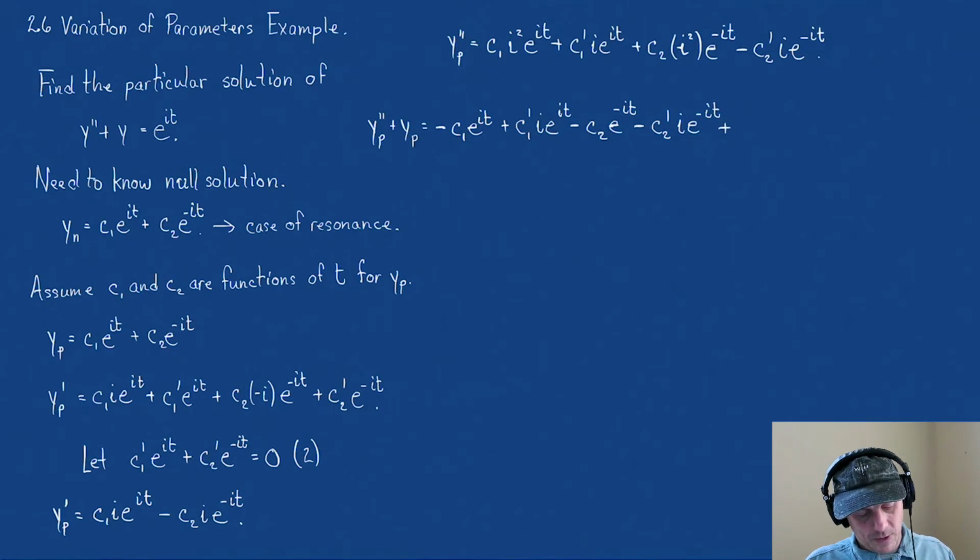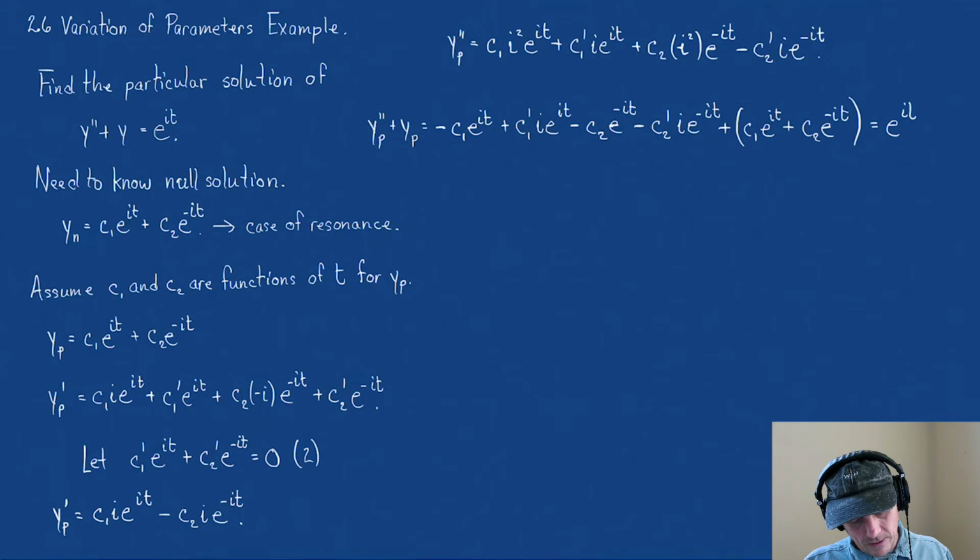Plus, that was just the second derivative. Now we put in the function itself, so that is C1 e to the it plus C2 e to the minus it, and that all equals e to the it.